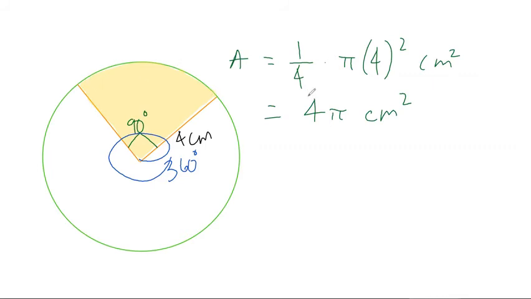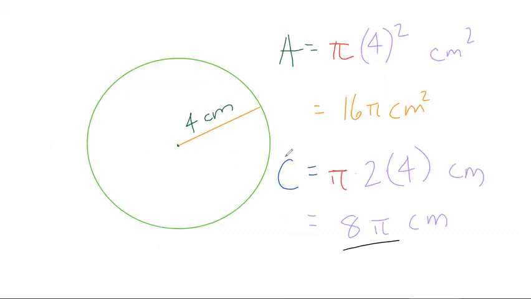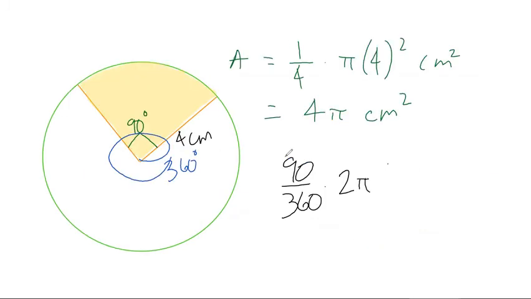We can use that same 1/4 mentality, equal to 90 degrees over 360 degrees, to say that this is also just equal to the angle that you have divided by 360 degrees, the total number of degrees in the circle. And you get 90 over 360 times 2 pi r, which if we recall, 2 pi r is 2 pi times 4 centimeters, or 8 pi centimeters.